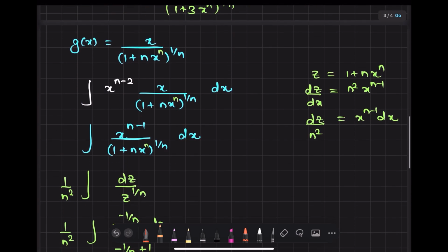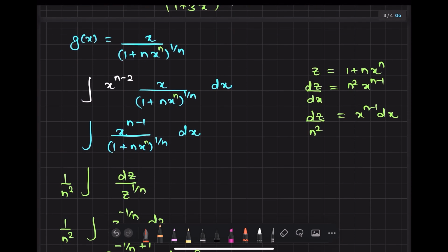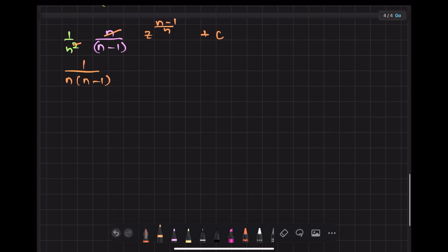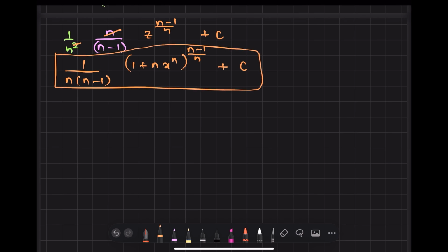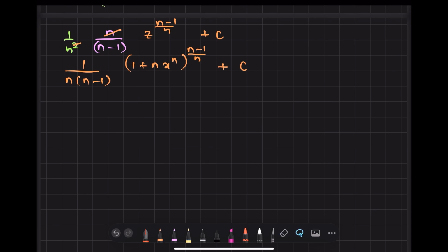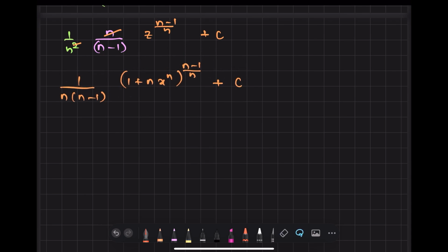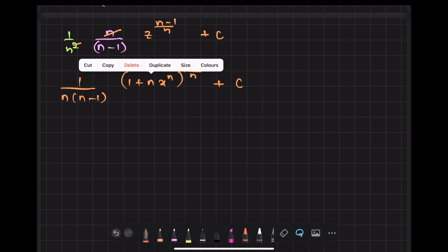Now try to recall who was your z. z was 1 plus n x power n. So (1 plus n x power n) to the whole power n minus 1 by n plus integrating constant c. So this is your required result. Okay, I hope till this part you guys are okay and you can handle these kind of situations.